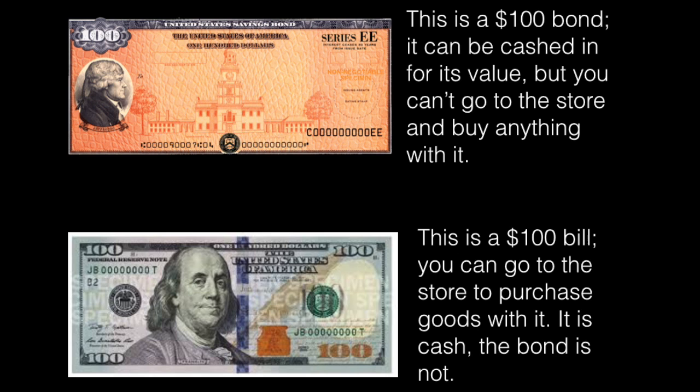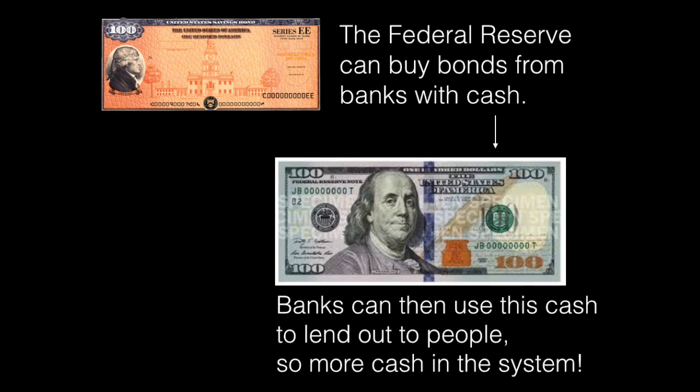It can't use those bonds to loan out to people. Those aren't cash money. But if the Federal Reserve decides that it wants to buy those bonds from that bank, then that bank suddenly has $1 million in cash that it can use to loan out to people.